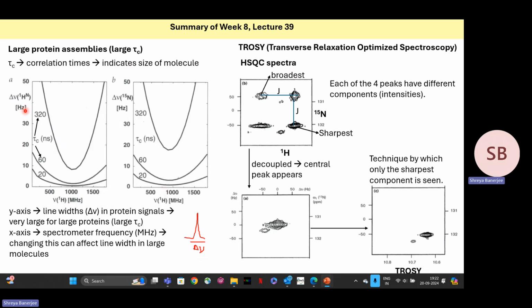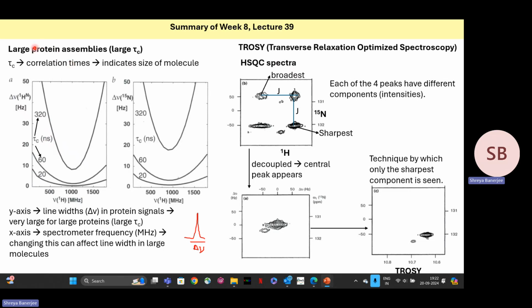Here certain numbers are there. These numbers are the correlation times in nanoseconds. You can see that when the correlation time is small, like 20 nanoseconds or 60 nanoseconds, the line width is also small, 10 or 15 hertz. But when the correlation time is very large, that is 320 nanoseconds.